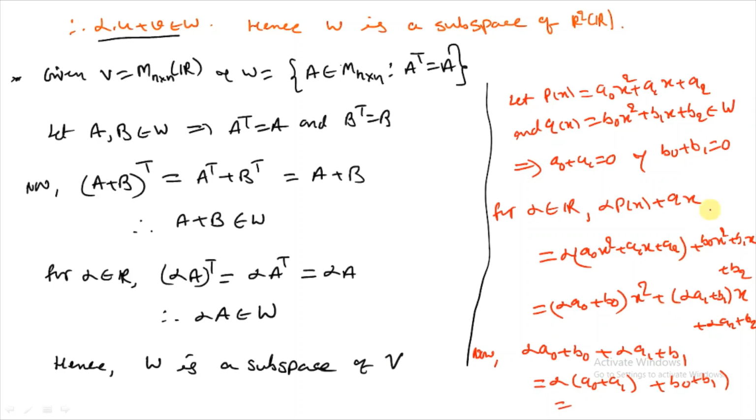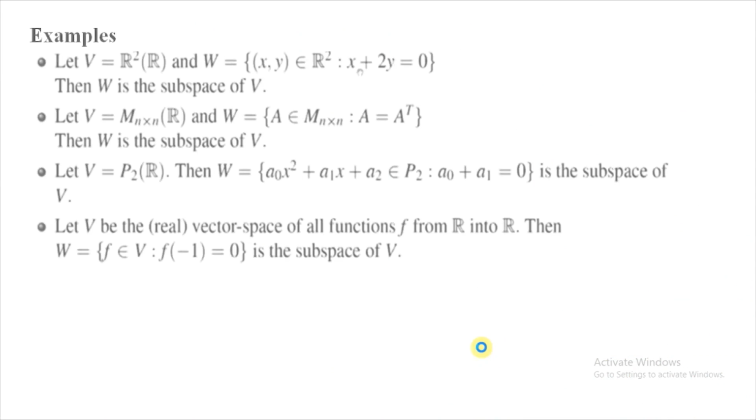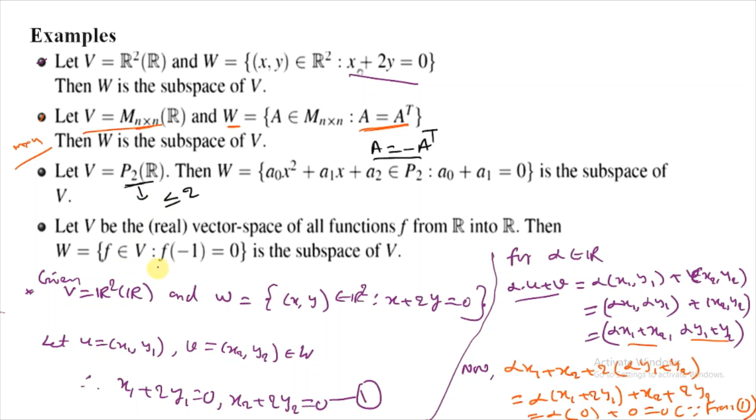We know from the first condition this is 0, plus this also 0, so it is equal to 0. So the sum of the coefficients of x square and x is 0. Therefore alpha p of x plus q of x belongs to W. Therefore W is a subspace of the vector space P2. Now try that one.